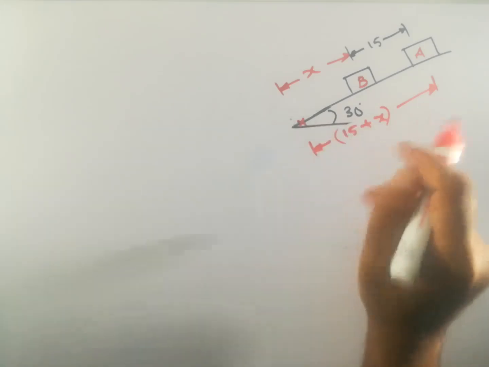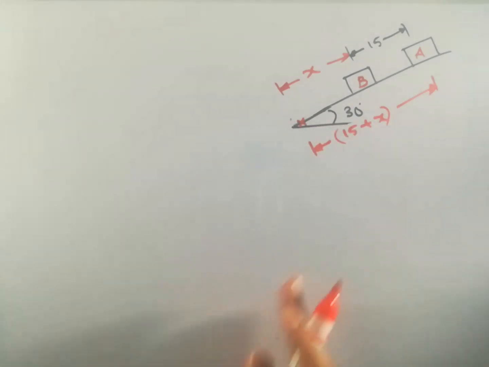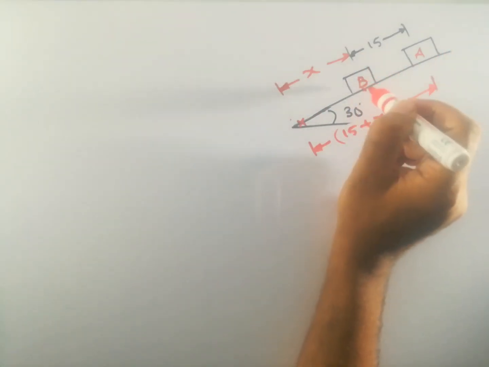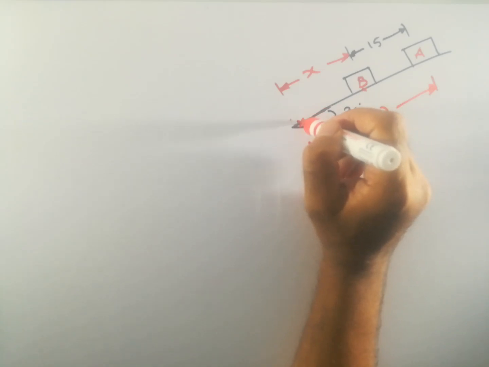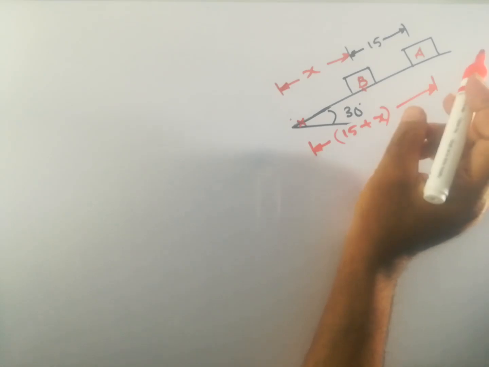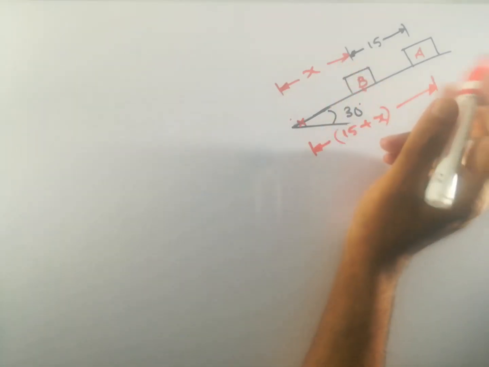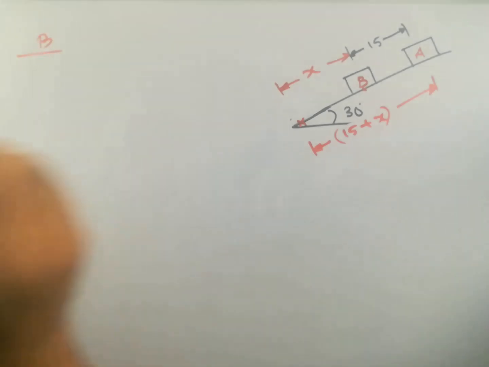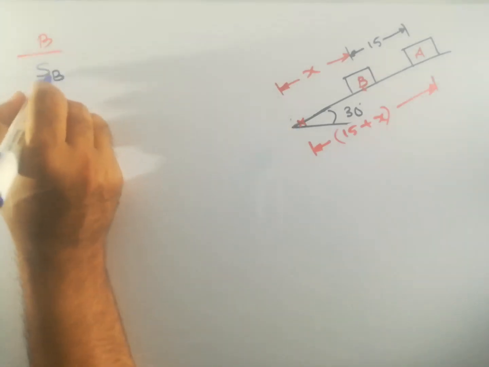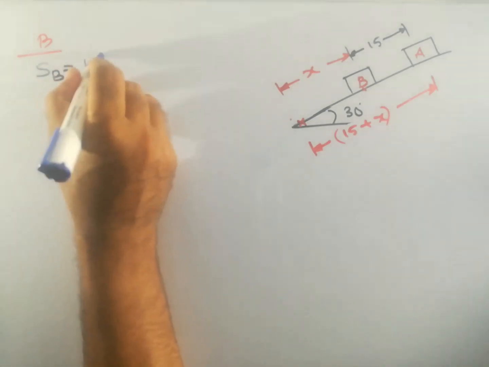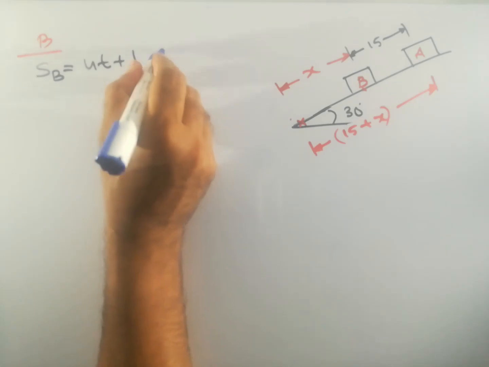Now let us consider the motion of B from its initial position to the point where they are colliding. Let the distance traveled be SB. So for block B, SB equals, we know the equation, ut plus half at square.